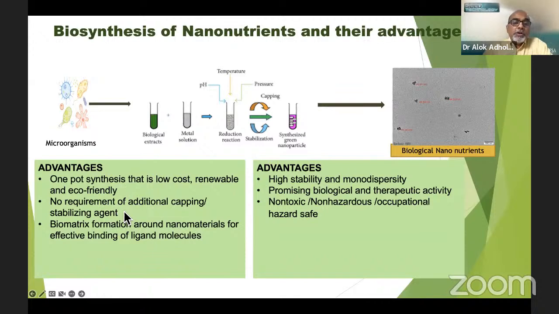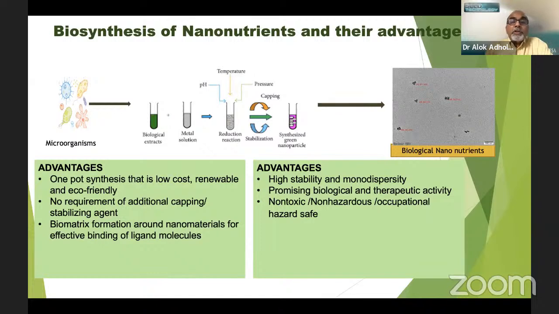And there are no additional capping and stabilizing agents, because by a physical or chemical process, the materials that we develop have a major fear of toxicity. Whereas if the biologically routed products are developed, they do not require those stabilizers, which means no additional chemicals.